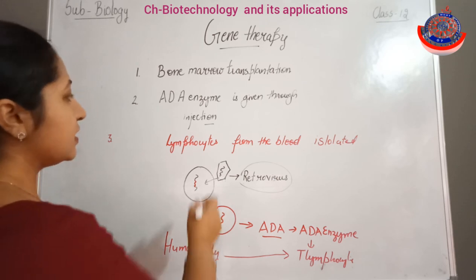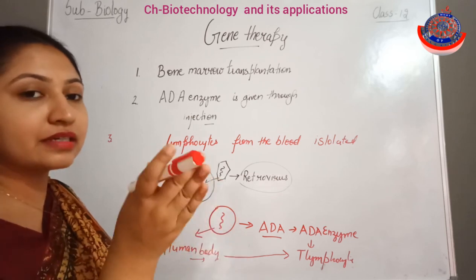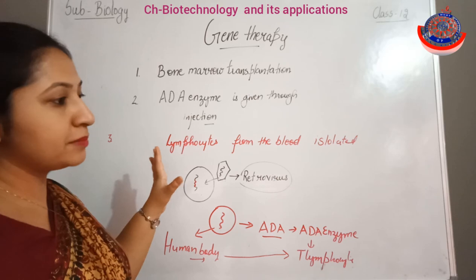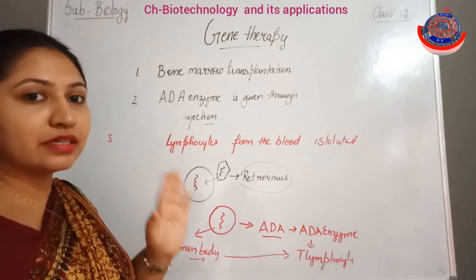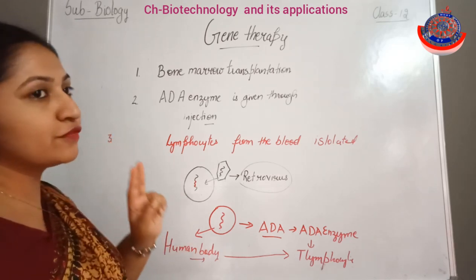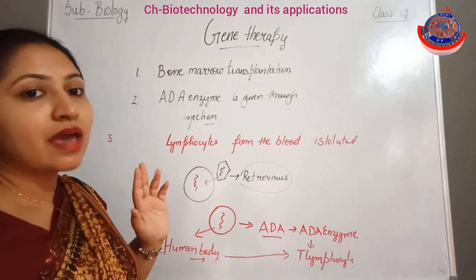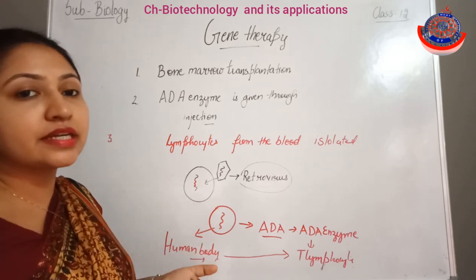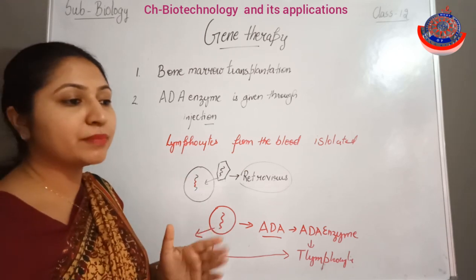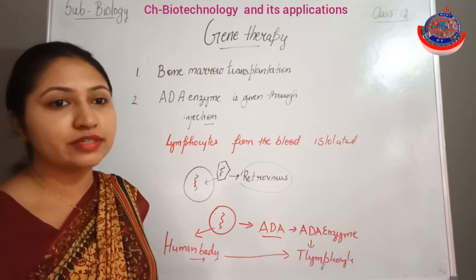But if these lymphocytes are taken from the bone marrow cells, with the functional gene inserted at the early embryonic stage, then that method can act as a permanent curative method.